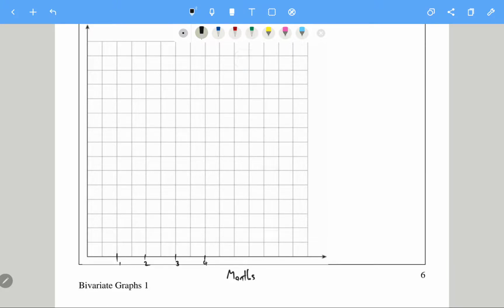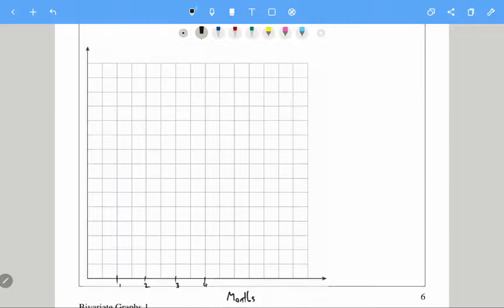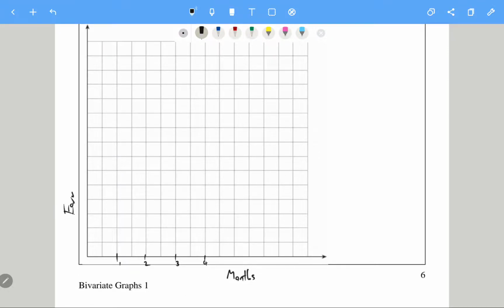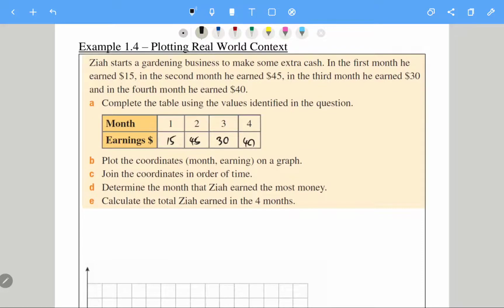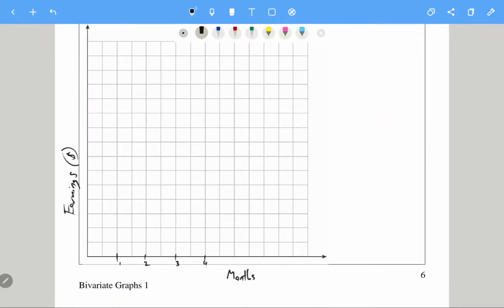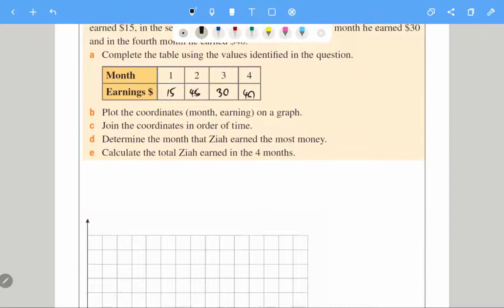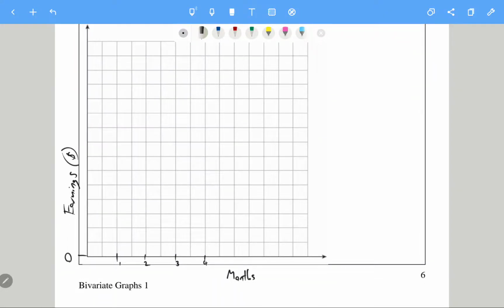And then along the y-axis, I'm going to put the earnings, which is going to be in dollars. Alrighty, so I need to think about, well, if I need to go from 0, which is a good place to start, how can I get to 45? Nice and easy.